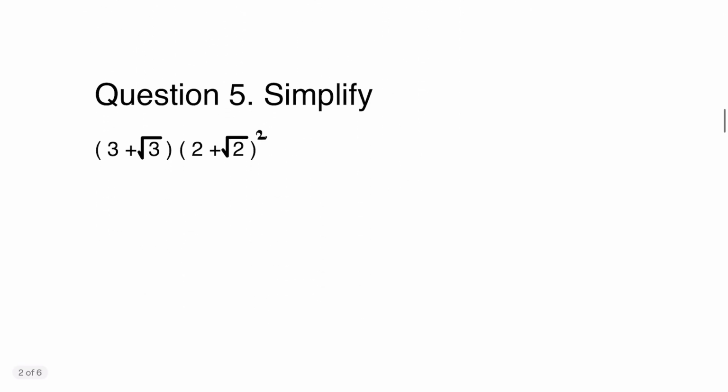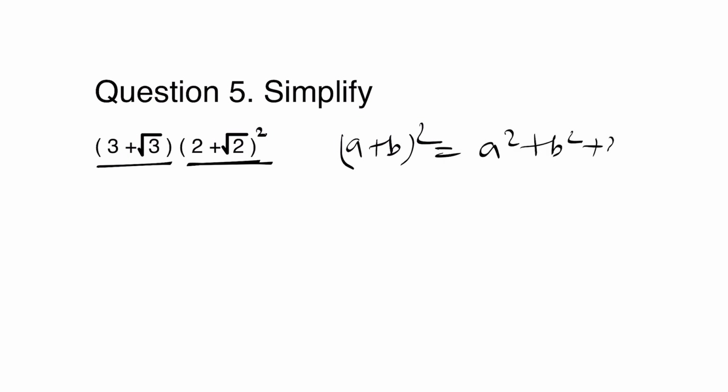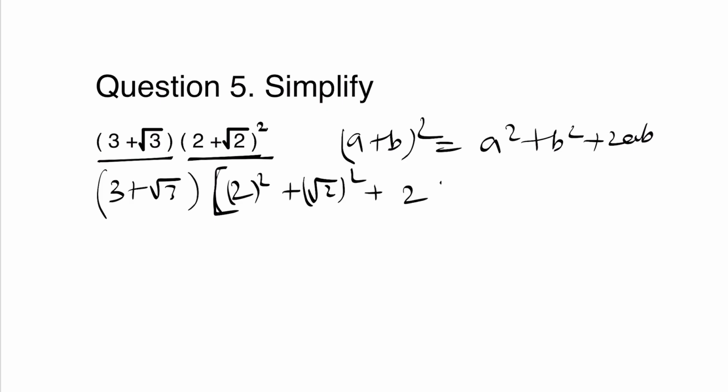Okay, now simplify, again we will have these two terms and these two terms. First of all, this is in the form of a plus b whole square, which is equal to a square plus b square plus 2ab. We will write this the same way: 2 square plus root 2 square plus 2 into 2 into root 2.